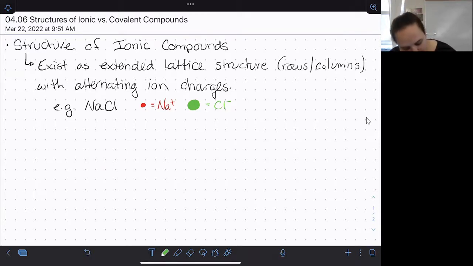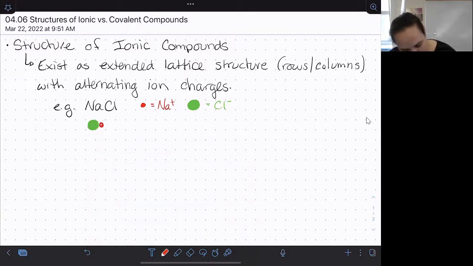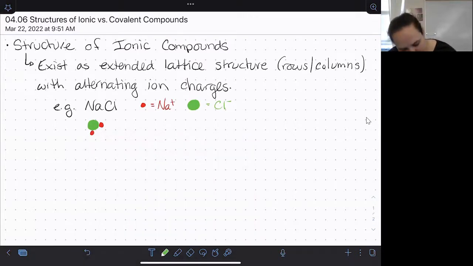So what we really get is this alternating pattern: this negative ion wants to be next to a positive ion because that's going to be an attractive force. But it doesn't have to just be next to one. It can be attracted to multiple ions on multiple sides. So we end up getting this alternating pattern of positives and negatives that extends in 3 dimensions.